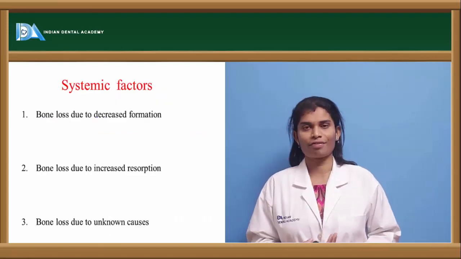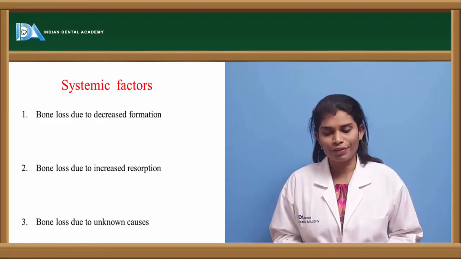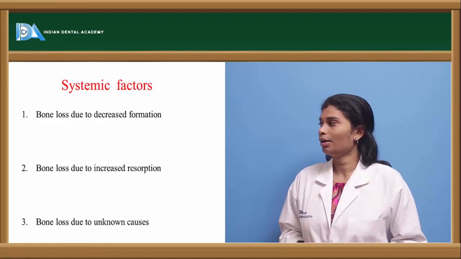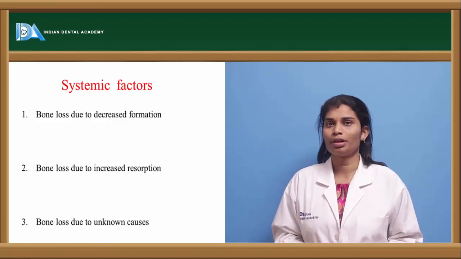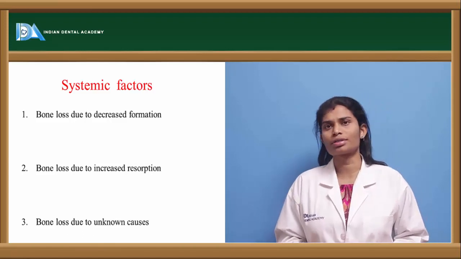Coming to systemic factors affecting bone resorption. These factors affect bone in three different ways. Bone loss due to decreased formation, bone loss due to increased resorption, and bone loss due to unknown causes.